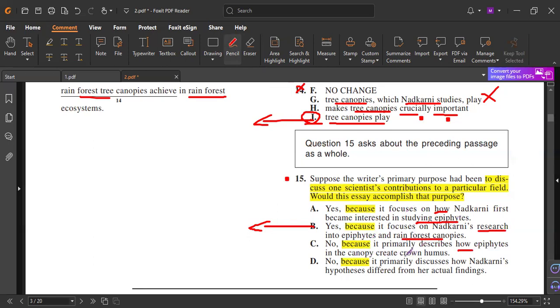Is all of it about that? No, it's a specific point only, so not all of it. So that one is wrong. Perfect. Now, it primarily discusses how Nutkarn's hypothesis differed from others. In the passage, yes, it talks about the comparison between her work and other ones. So this one is wrong. So letter B is correct. Letter B is the strong reason. That is what I'm telling you about.